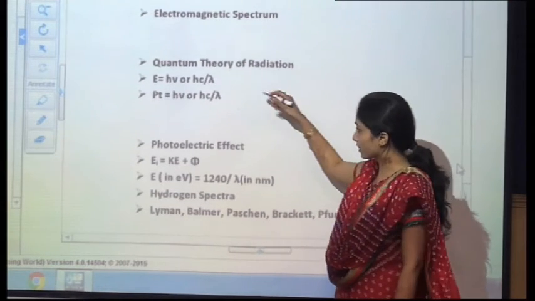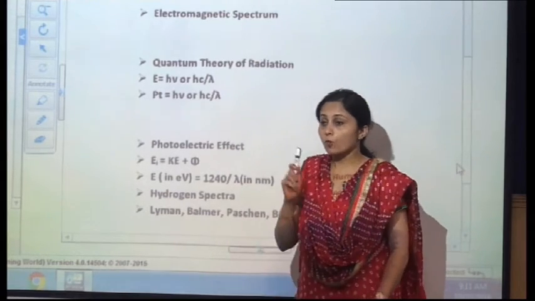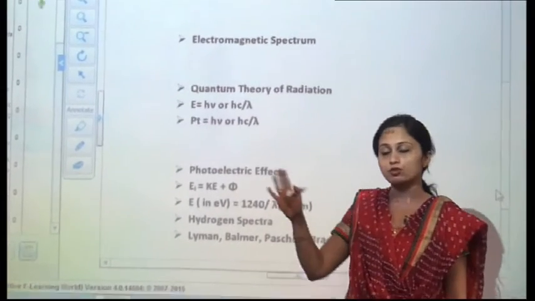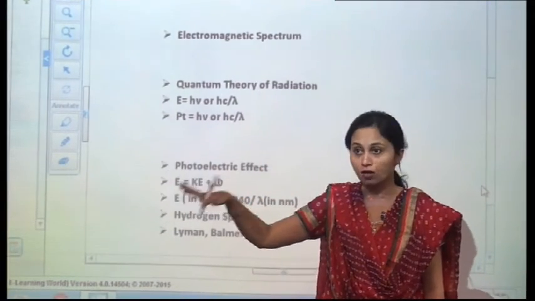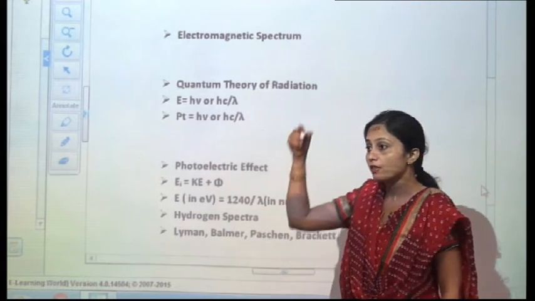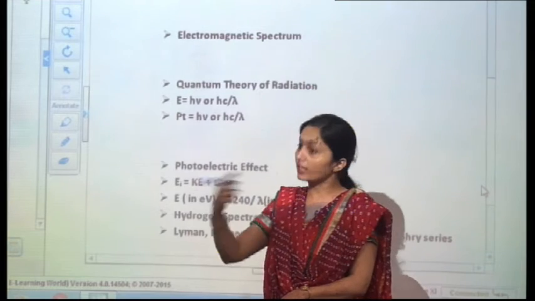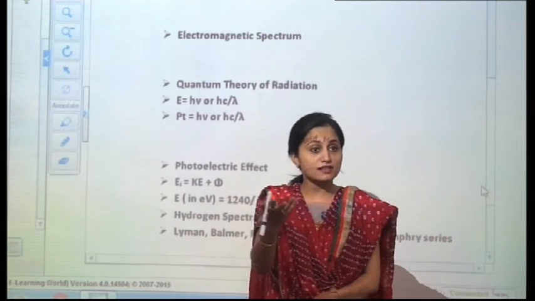Then thereafter we also talked about the photoelectric effect. Although the photoelectric effect was observed in the 1880s, what was it? The moment radiation of a particular frequency greater than the threshold frequency falls onto the metal surface, what will come out of the metal surface?